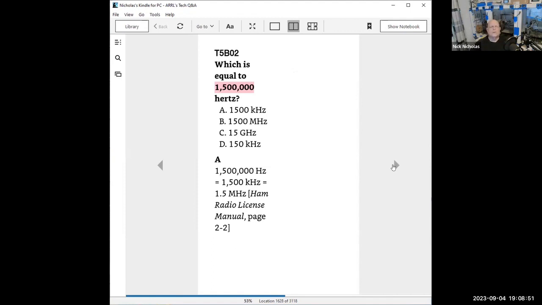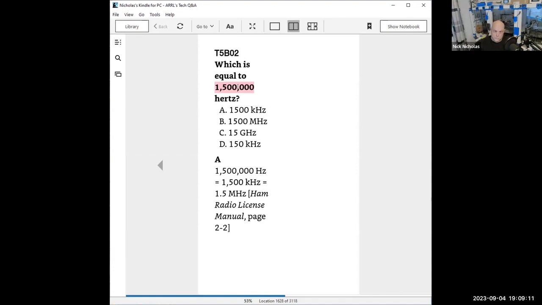Well, a kilohertz is 1,000 hertz. And if we put 1,500 and divided it into this, we'd get 1,000. So 1,000 times 1,500. So a kilohertz, this is 1,000.